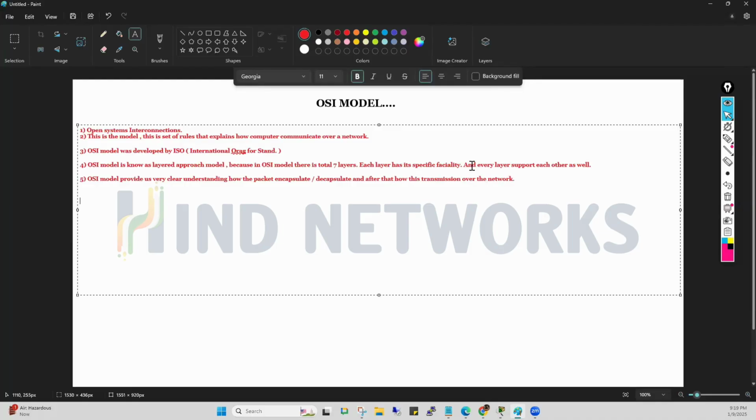So, guys, basically these are the 5 points that we need to understand about the OSI model.